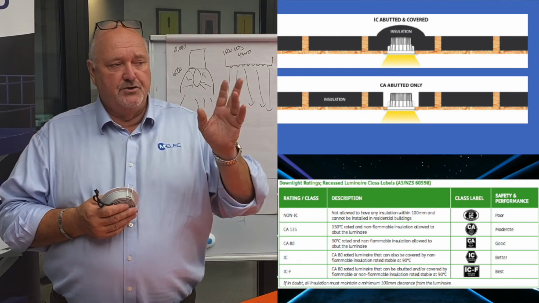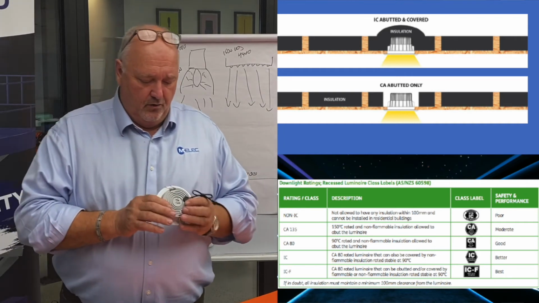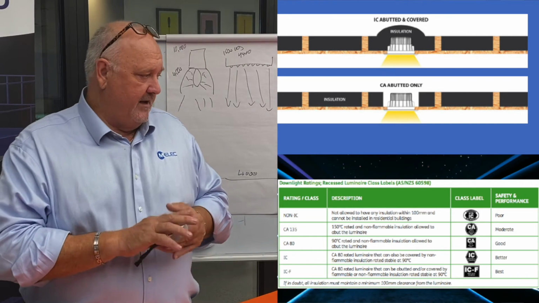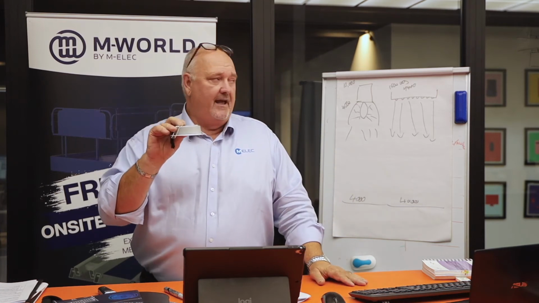But we've got two examples up there, because when you look at a fitting, and this is a sample fitting, normally they have a sticker on them and it says IC4 or ICF, or it might say IC, it might be CA80, whatever it says on there, it means it can either be covered, abutted, or it has to be spaced.